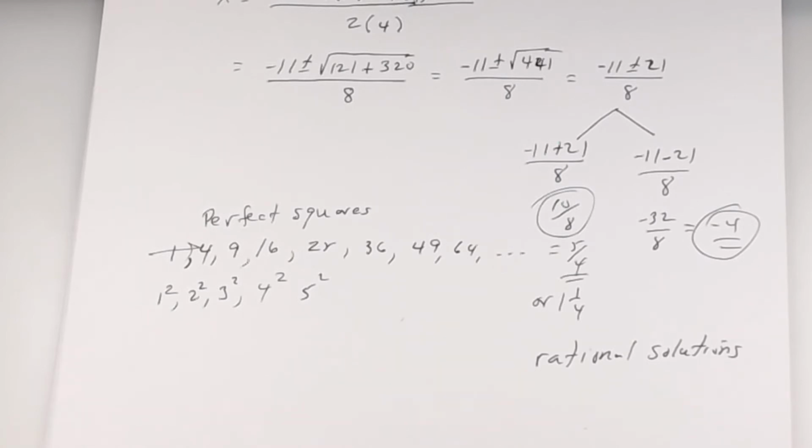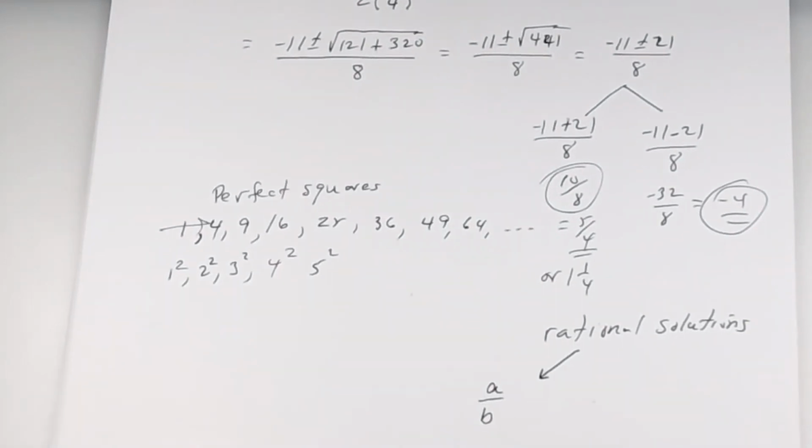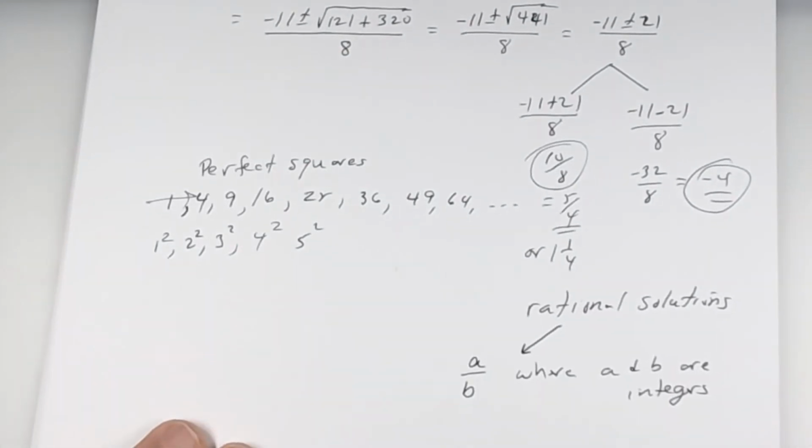So a rational number is any number that can be written as a fraction, a over b, where a and b are integers.